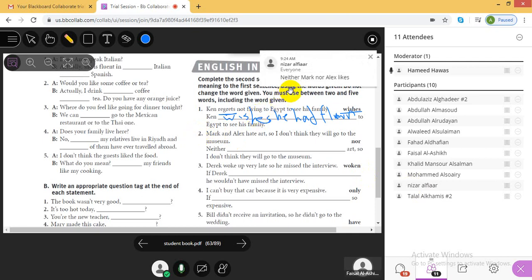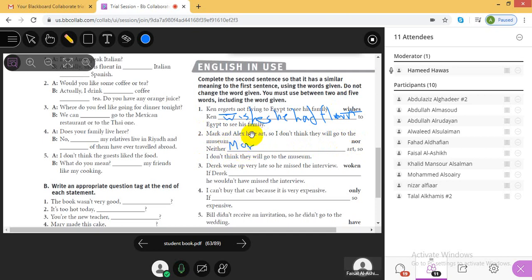Good, very good. Neither Mark nor Alex, very good. So when I say Mark and Alex had art, I don't think they will go to the museum. Neither means wala. Neither Mark nor. We always use neither with nor, right?